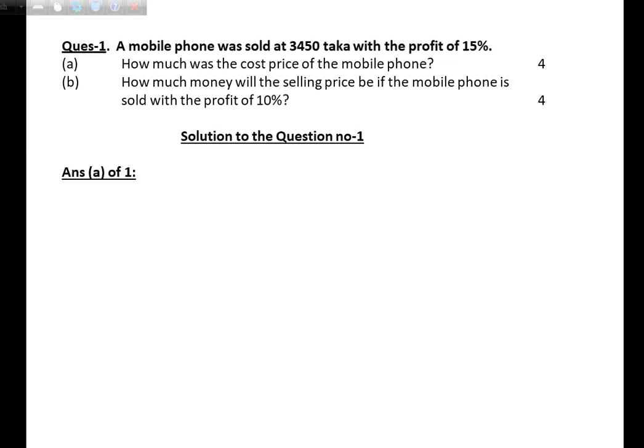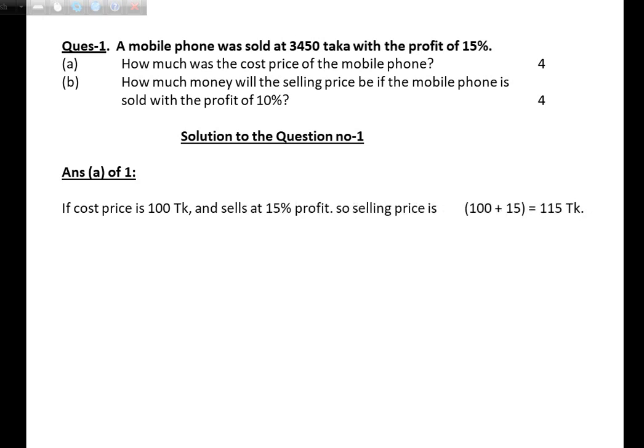And we know that 15% profit means this profit is gained from 100 taka per year. So if the cost price is 100 taka, then the selling price is 100 plus 15 equals 115 taka. Since we have to find out the cost price, we have to reverse this information.